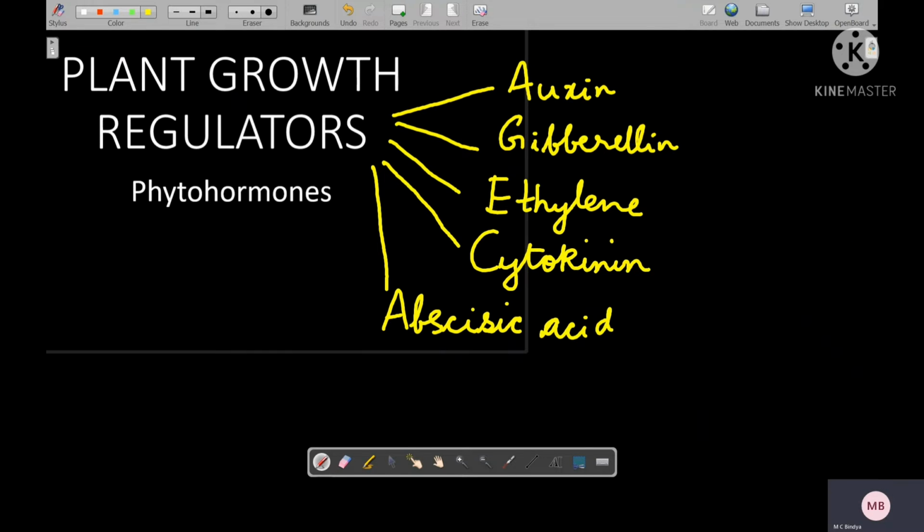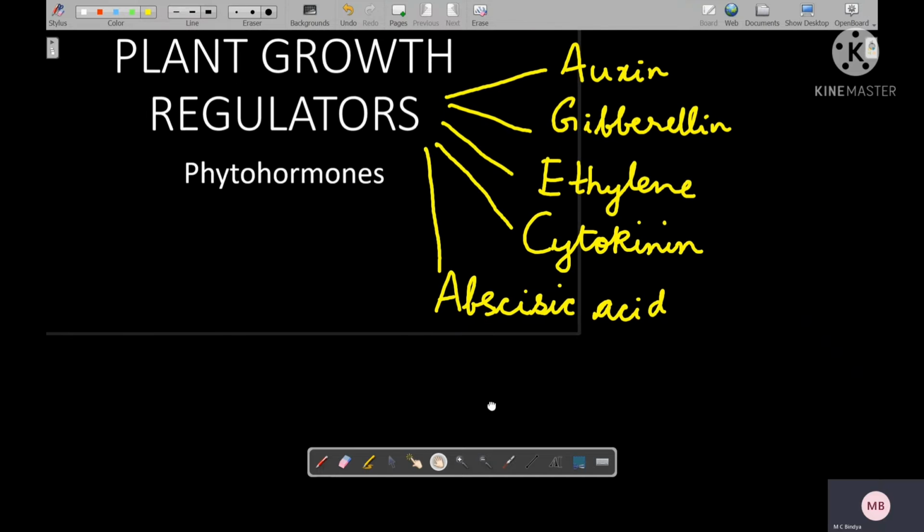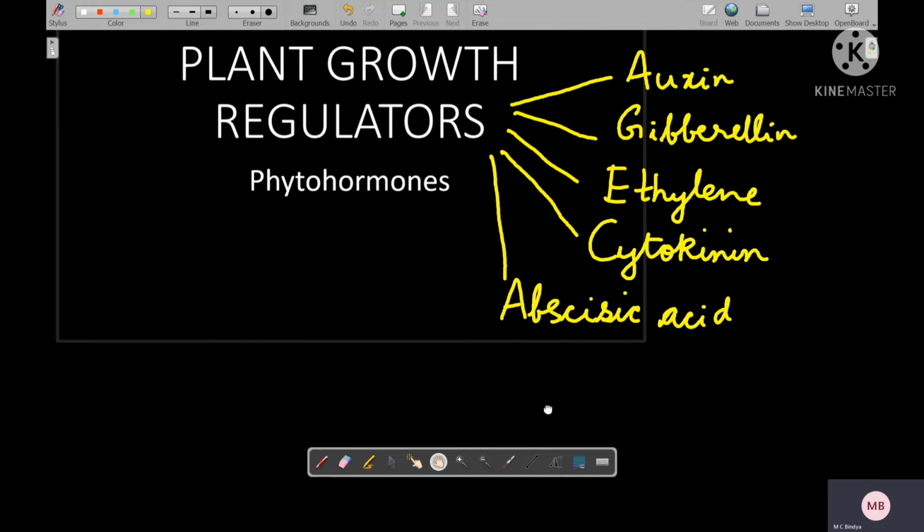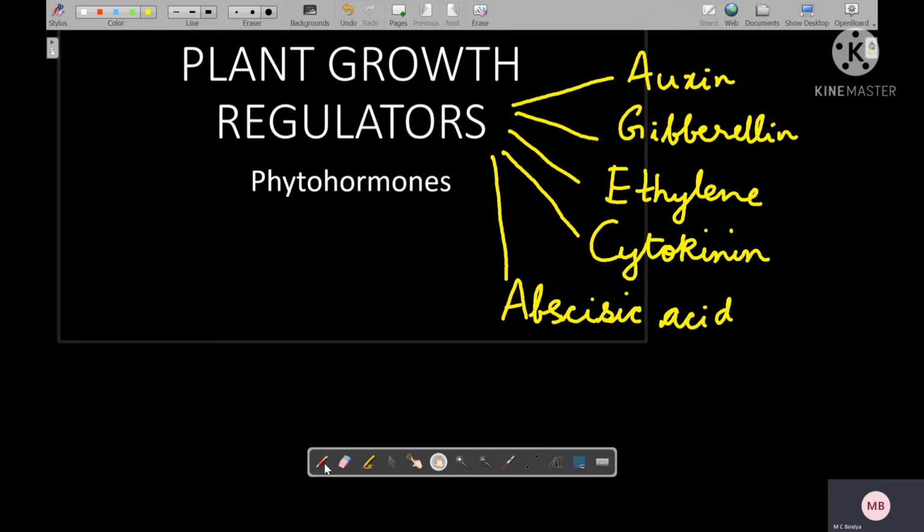Now, amongst these phytohormones, some are growth promoters. So, some of them are growth promoters, whereas some are growth inhibitors, and they can also be both.